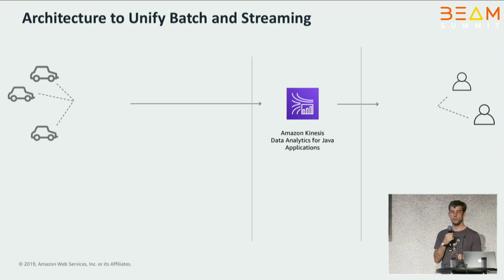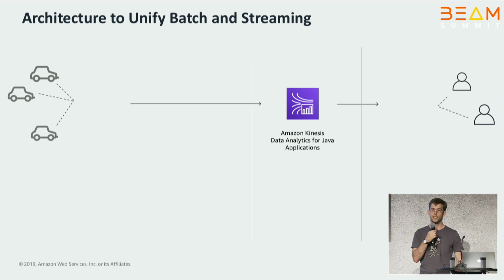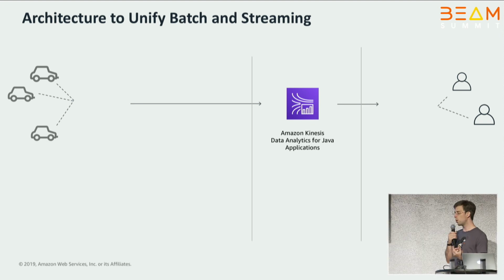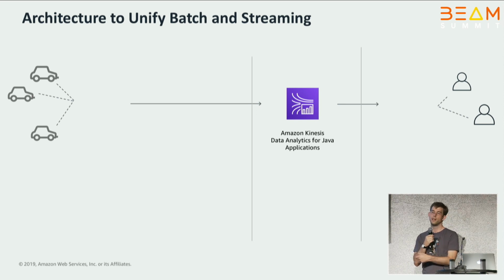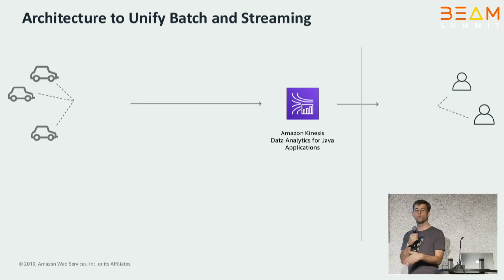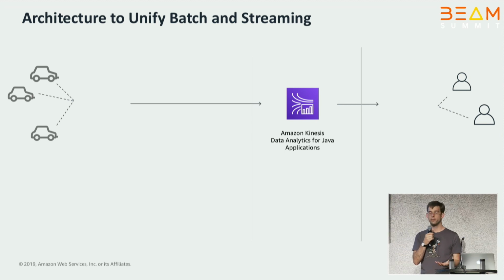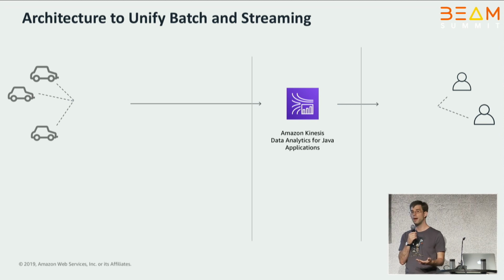I'll start with using a service called Amazon Kinesis Data Analytics for Java. Although you may not get it from the name, this is actually a managed Flink offering. What the service does is allow you to give us a jar file, and we will execute the jar file on your behalf. We'll provision the infrastructure that is required to run Flink, and deploy your jar file, your Flink file. We will monitor the health of the different nodes.